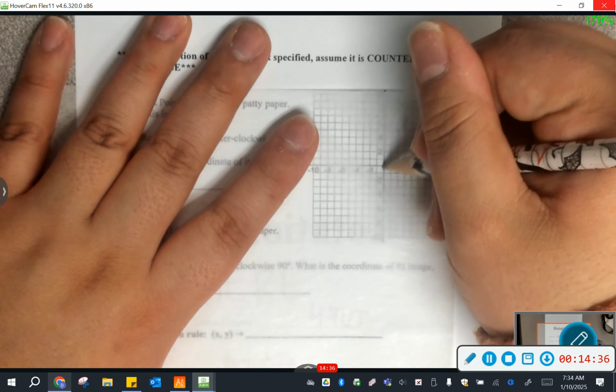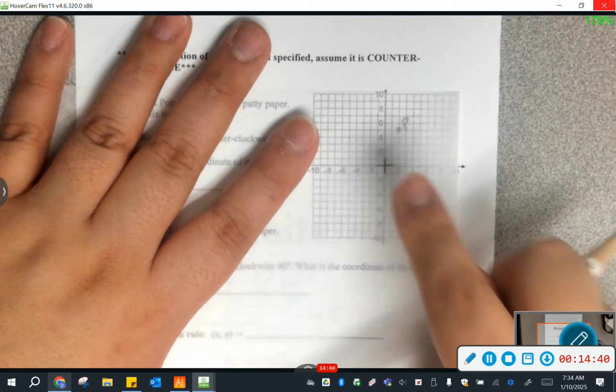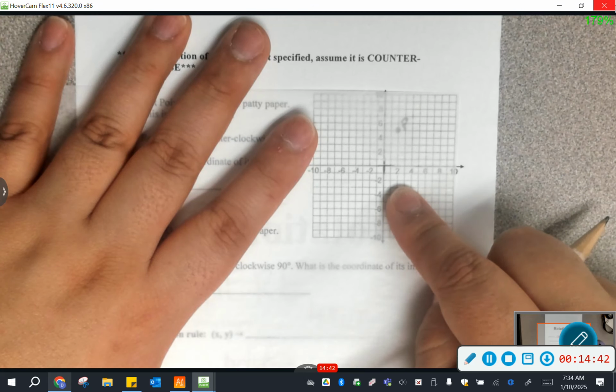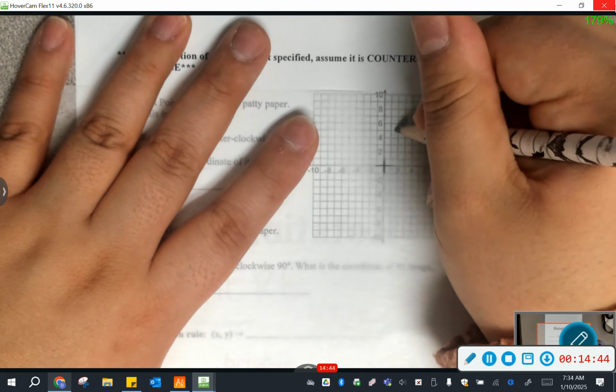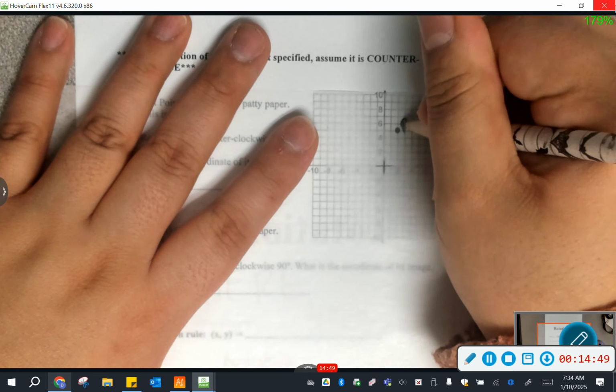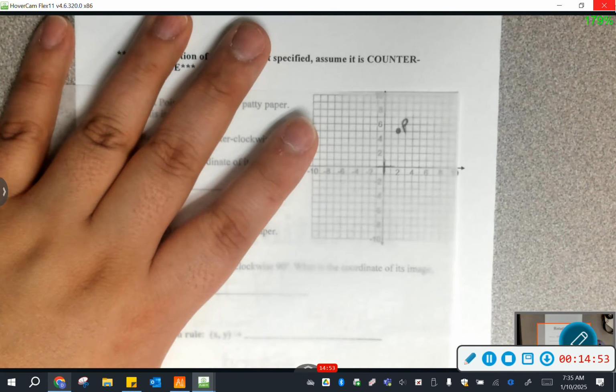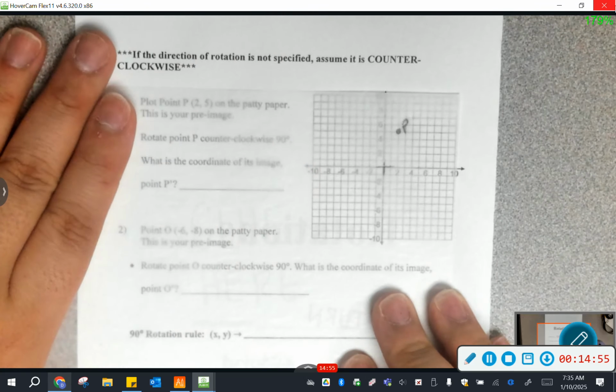I want you to draw your origin real quick. Draw a little T right there so you know where your origin is. And plot point P. If at any point today I'm going too fast, please ask me to slow down.